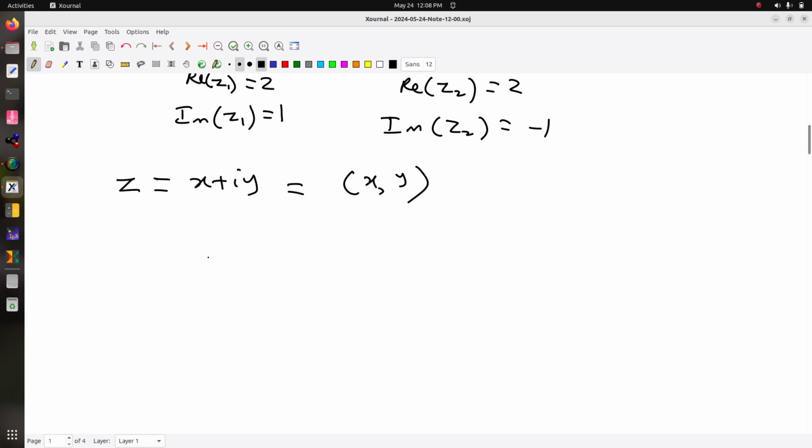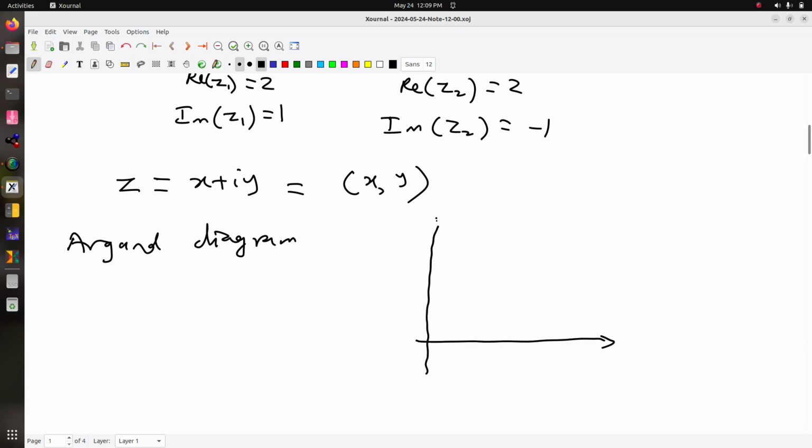Now, we can plot a complex number on an Argand diagram. We plot the real part on the horizontal axis, and we plot the imaginary part on the vertical axis.